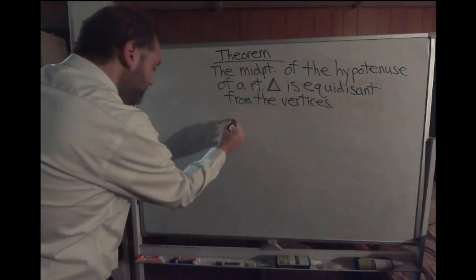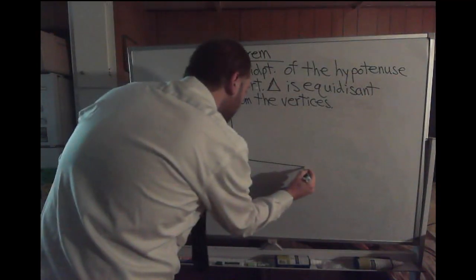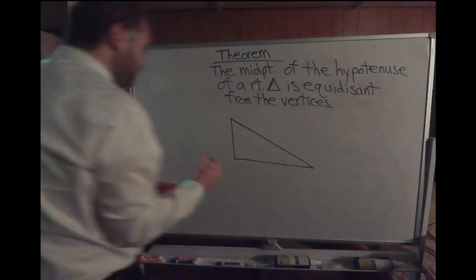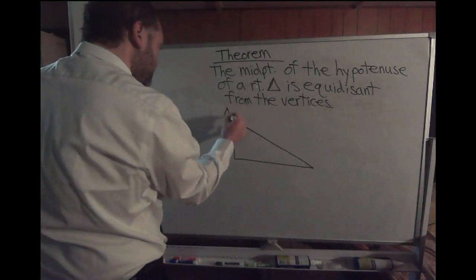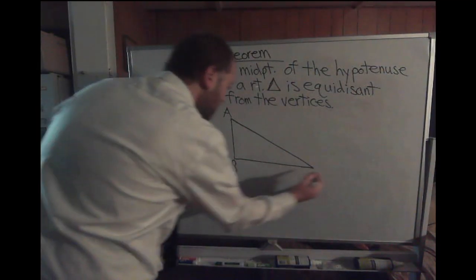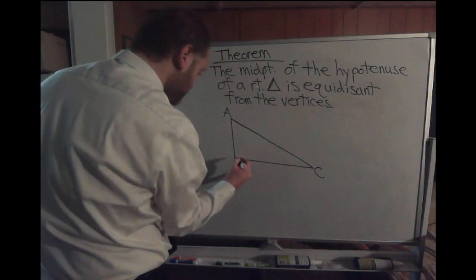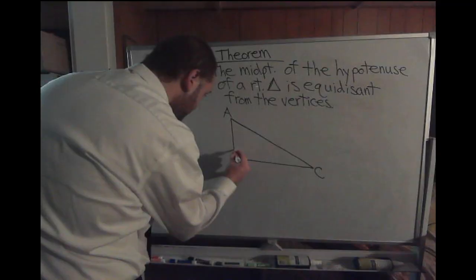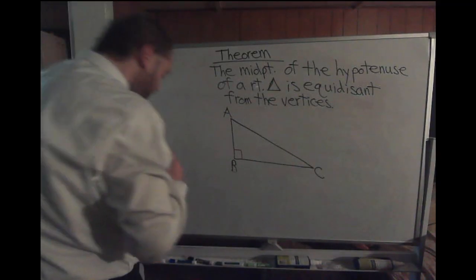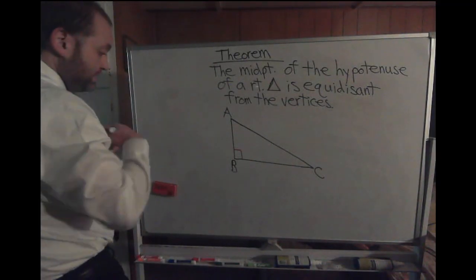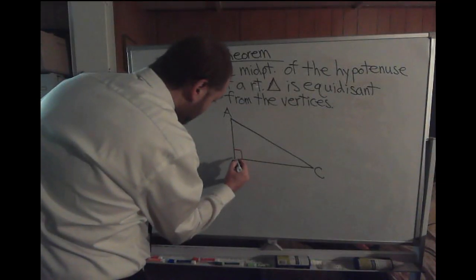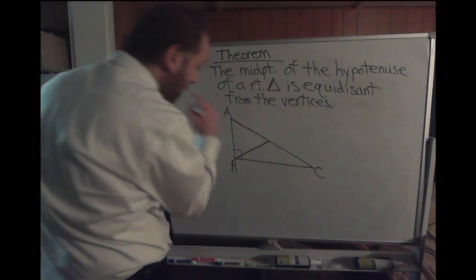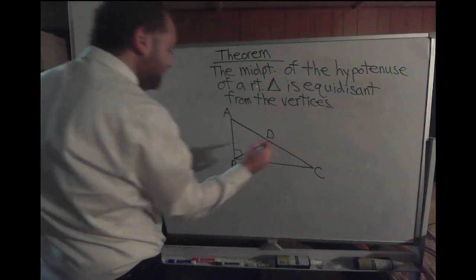Alright, so let's draw this right triangle here. Let's draw the fact that this is a right triangle, and we'll call this point D. Okay.